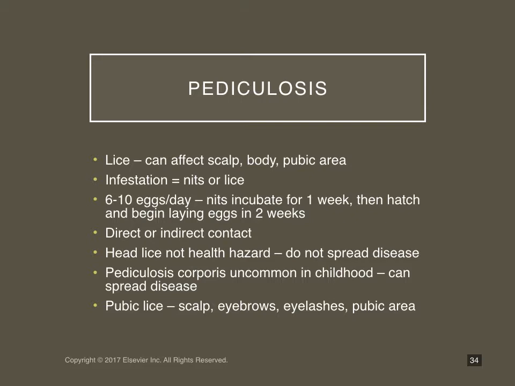The adult female louse survives by sucking human blood, deposits 6 to 10 eggs per day on a glue-like substance about 4 millimeters from the scalp on the hair shaft in a waterproof shell. The nits incubate for about a week. They hatch and grow into adult lice over another 1 to 2 weeks, and they begin laying eggs.